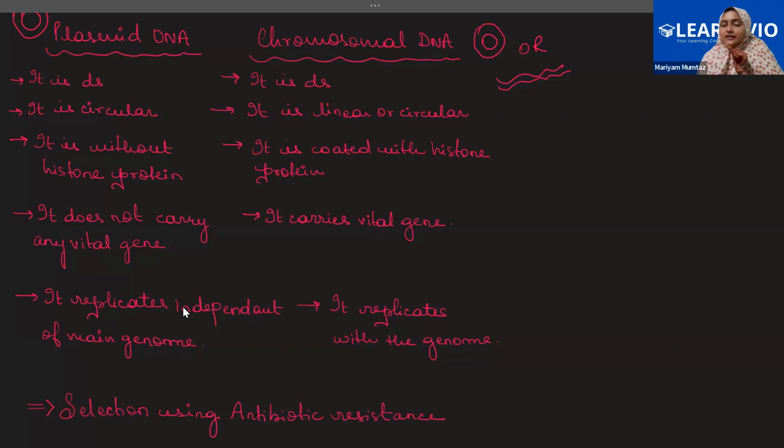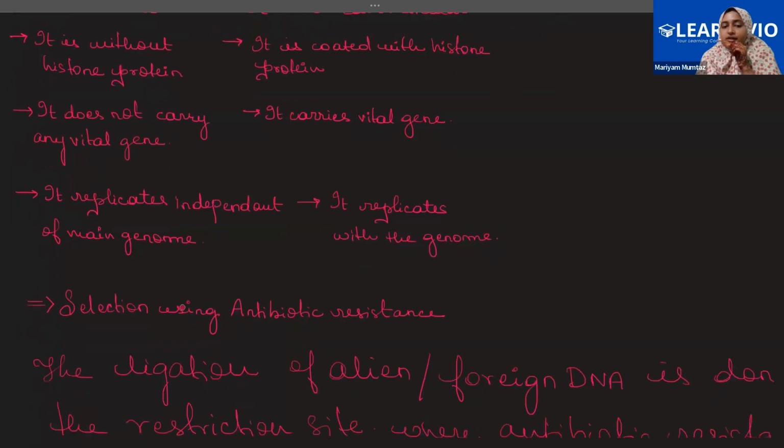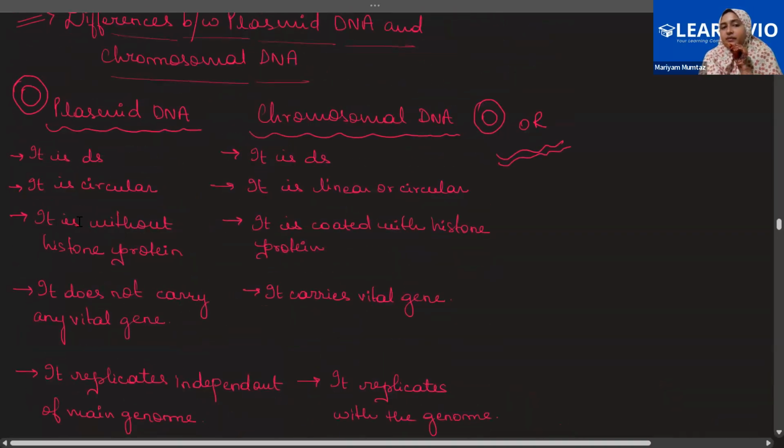They don't depend on signals to do the process of replication. They do it on their own. They do not depend on anything else. But the chromosomal DNA replicates along with the genome. And the chromosomal DNA is responsible for regulating every single thing of the body of the prokaryote. Okay, so the differences between plasmid and chromosomal DNA are clear to you all.